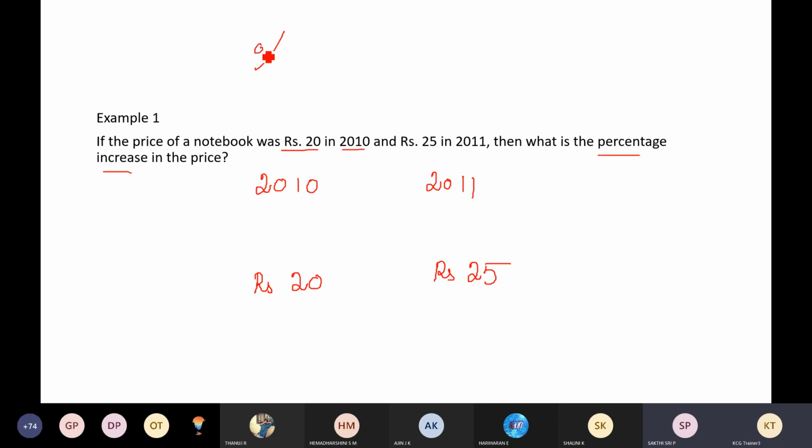So what did I tell you? Percentage increase is equal to actual increase divided by initial value into 100. Can you guys tell me what is the actual increase here? How much rupees has been increased? What is the actual increase?